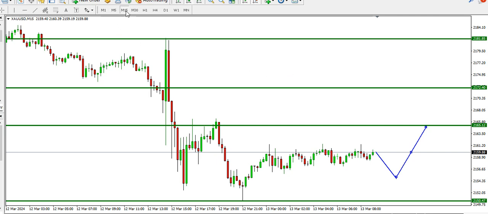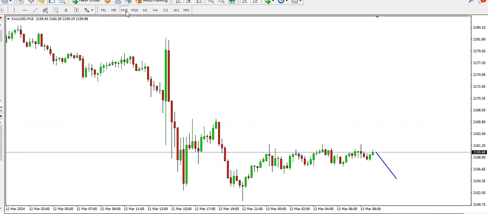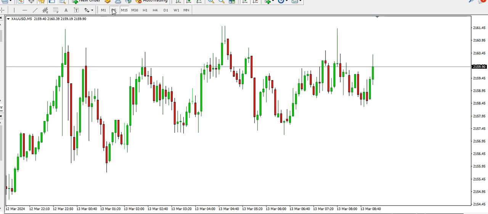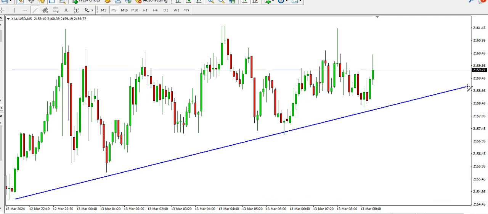Price is ranging. What can we see on the 5 minutes time frame? On the 5 minutes time frame, price is also ranging. So we might want to wait for range breakouts.